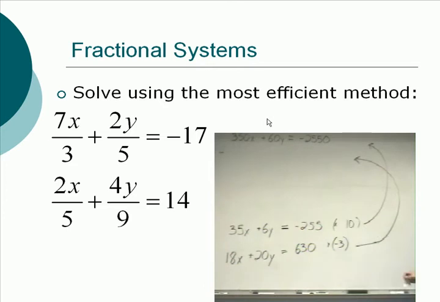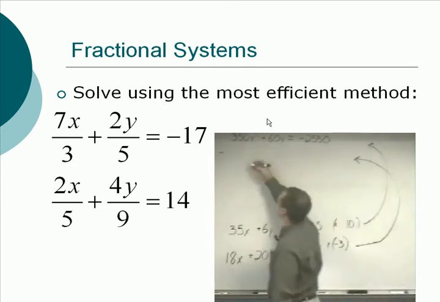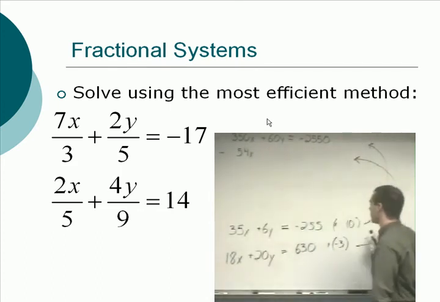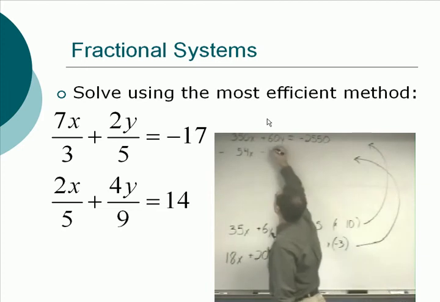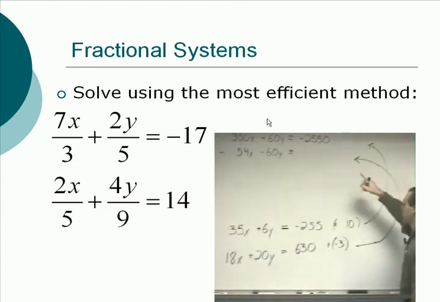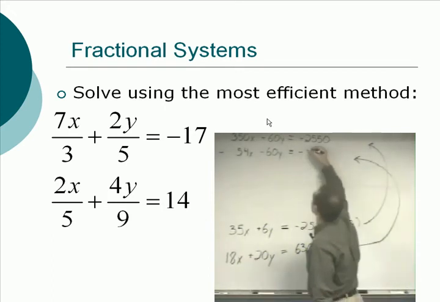I was getting ahead of myself there. Multiply that by negative 3, negative 54x minus 60y equals negative 1,890.